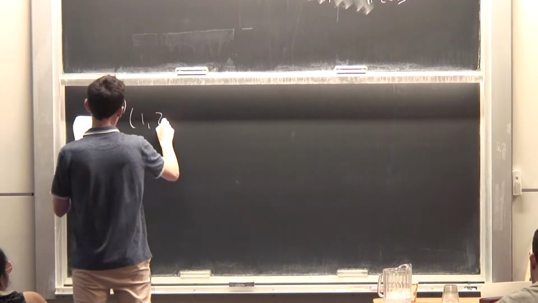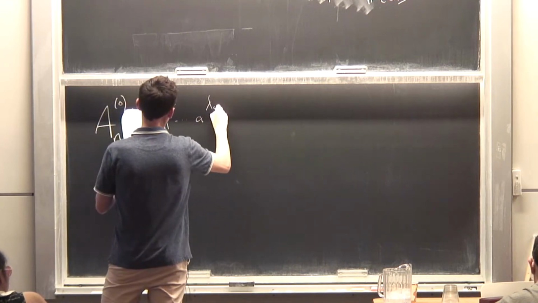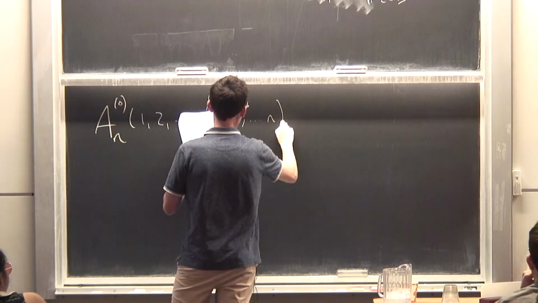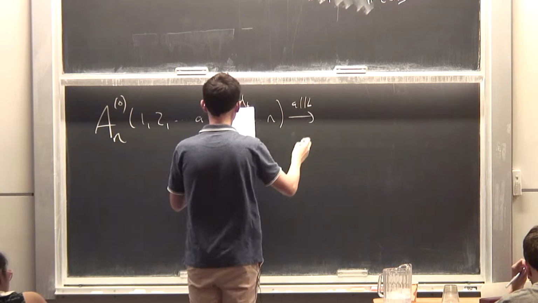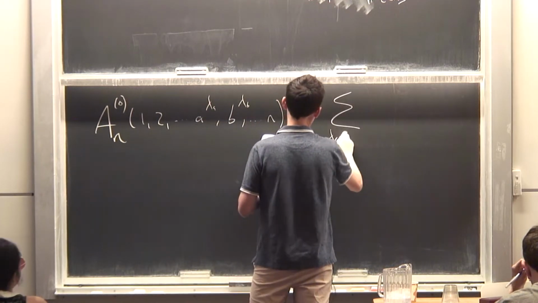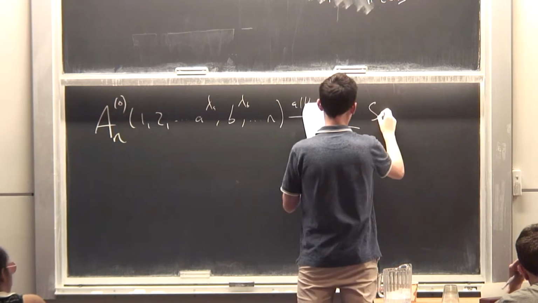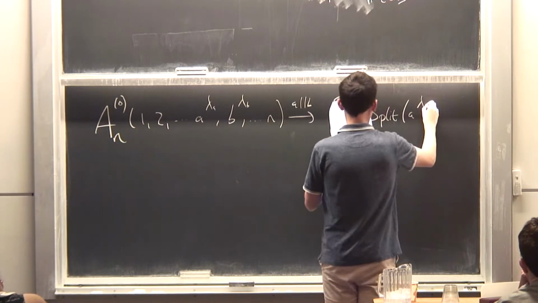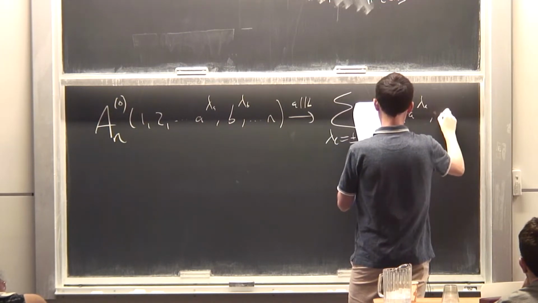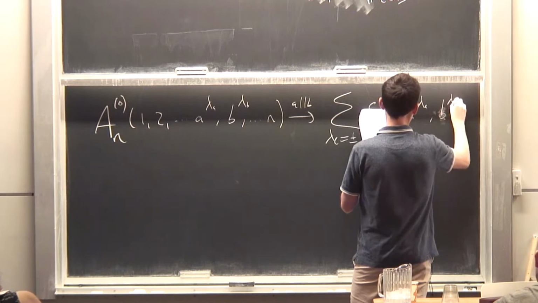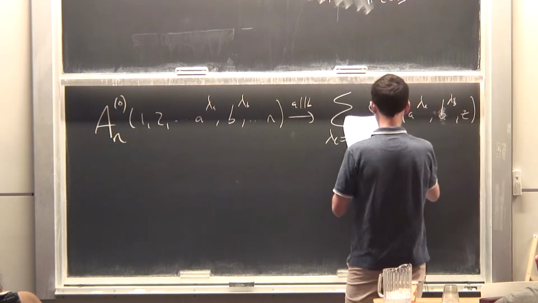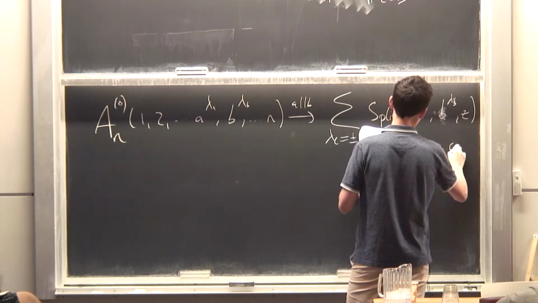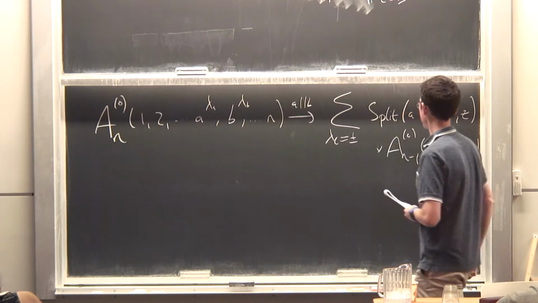So if we take a general n-point amplitude where A goes collinear to B, we get the sum over helicities of our combined object, and that's the factorization that we get.